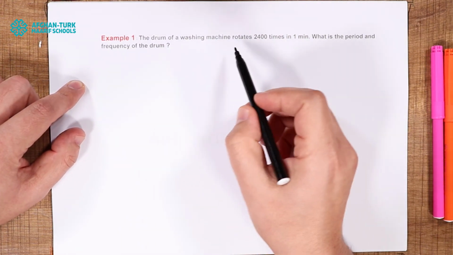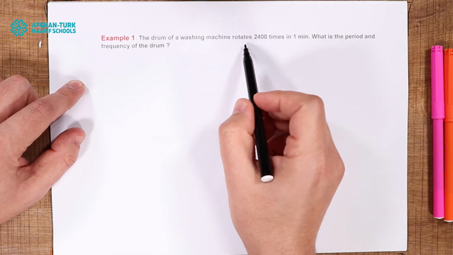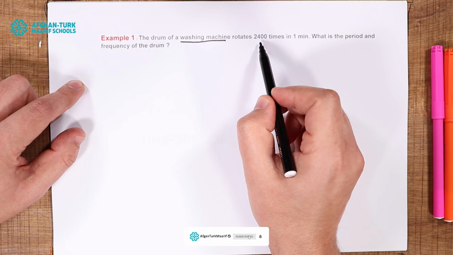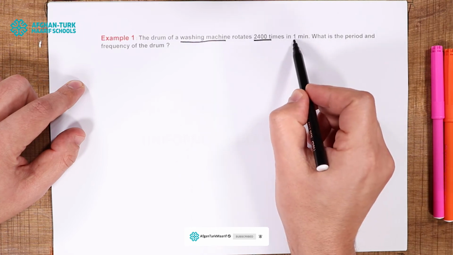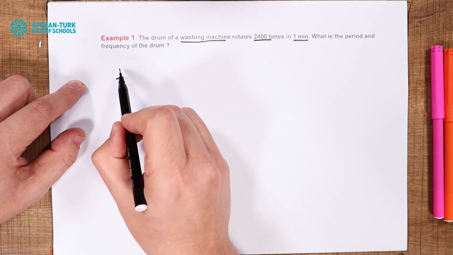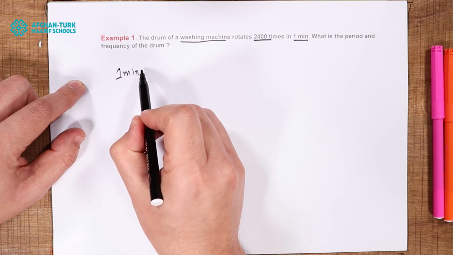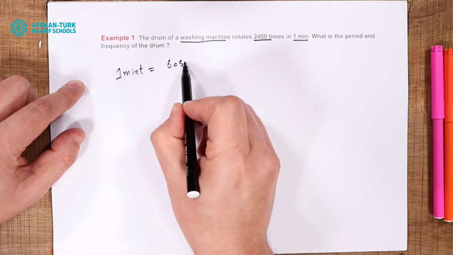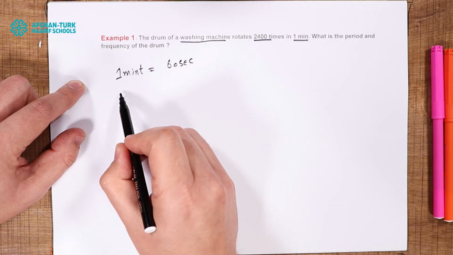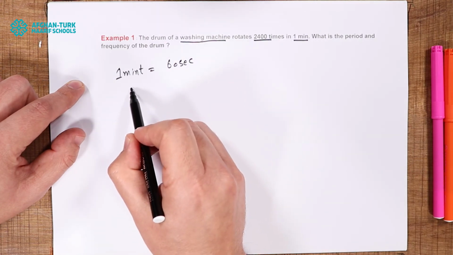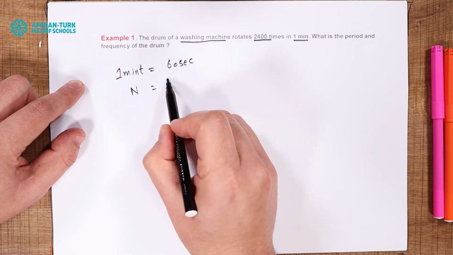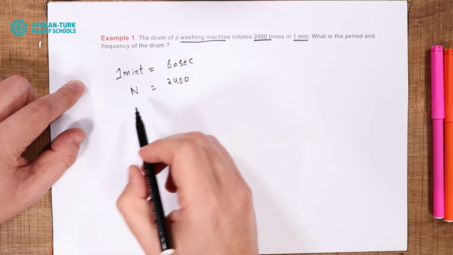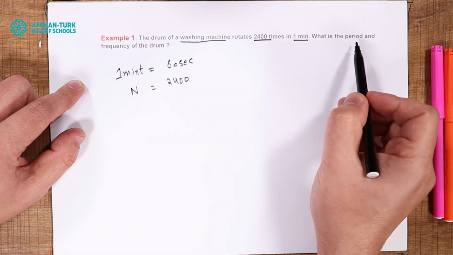First convert the minute into seconds: 1 minute is equal to 60 seconds, and the number of turns is equal to 2400. They ask for the period and frequency.